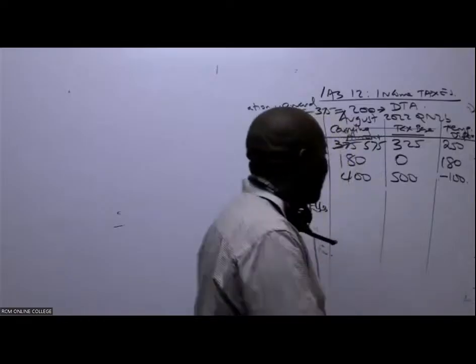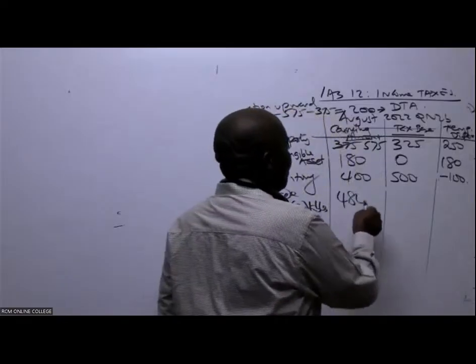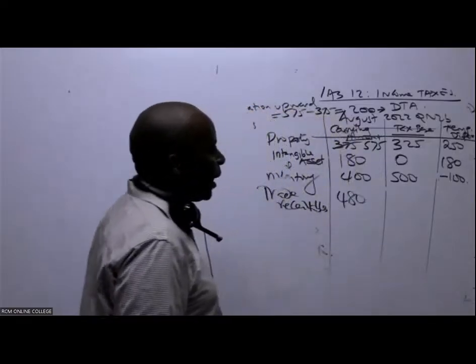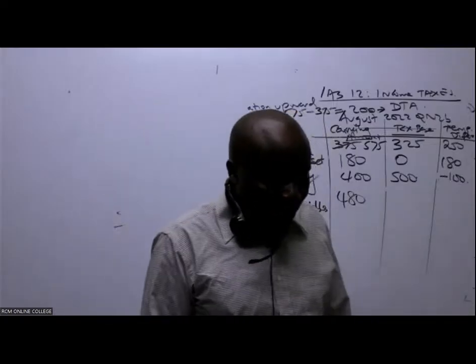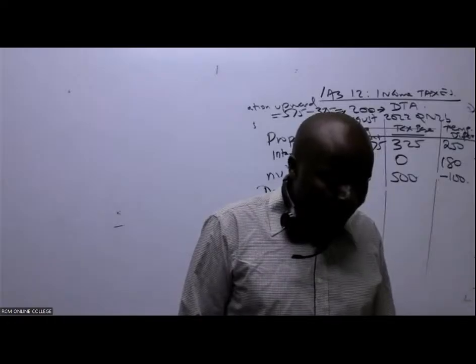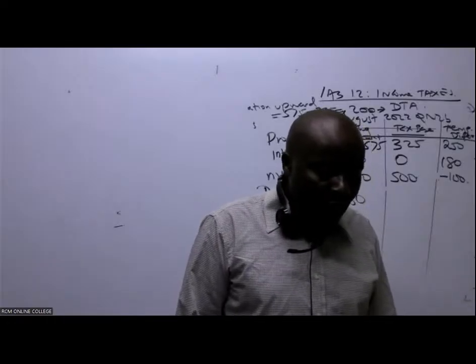Carrying amount is 480. This was after an allowance for doubtful debts of 60 million.